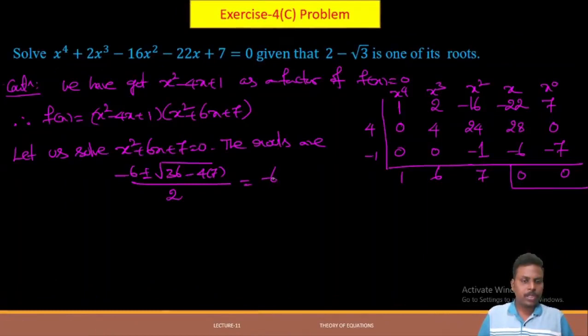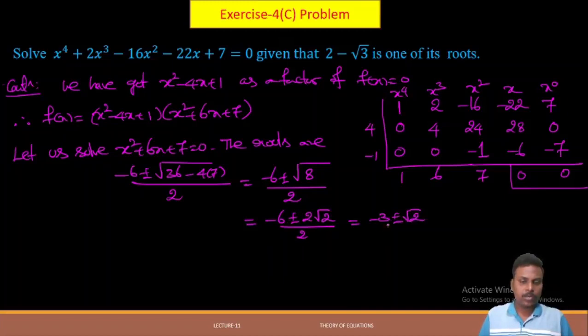That is -6 plus or minus under root 36 minus 28. Sorry, 7 into 4 is 28. So this becomes 8 divided by 2. So it is -6 plus or minus 2 root 2 divided by 2. So that is -3 plus or minus root 2.